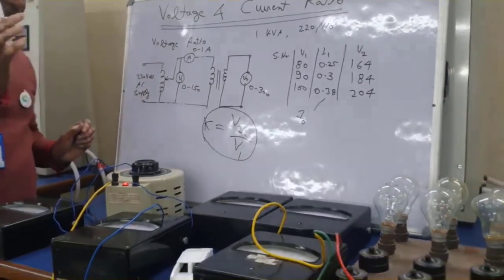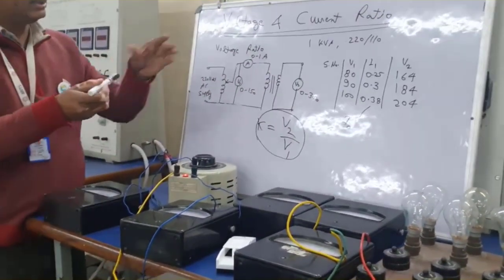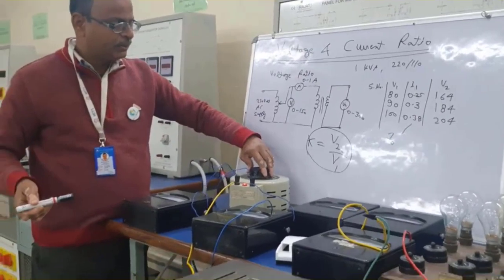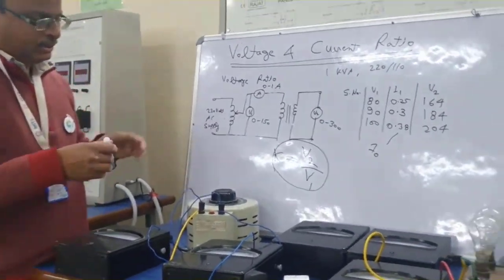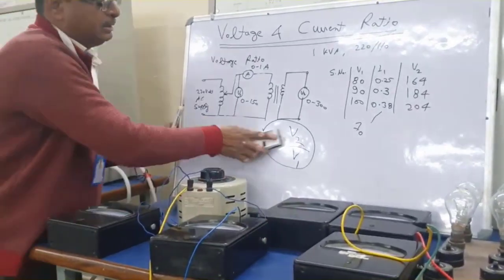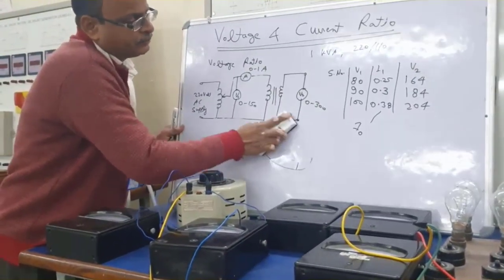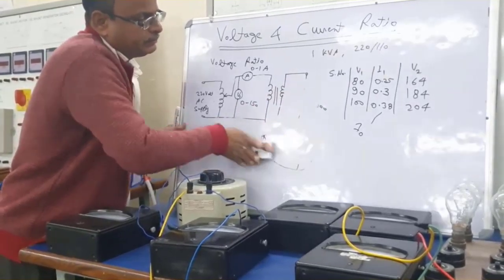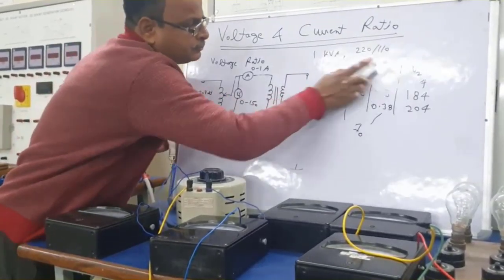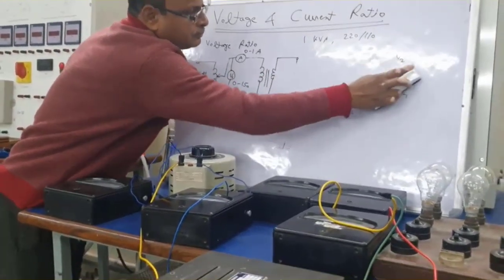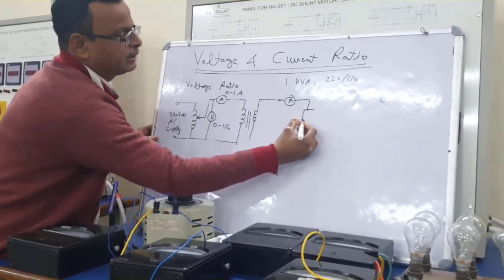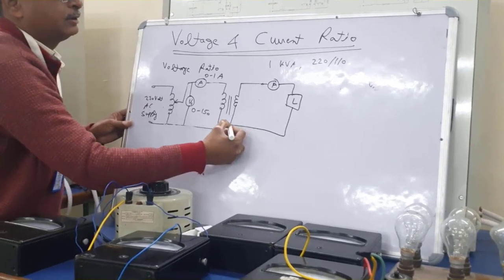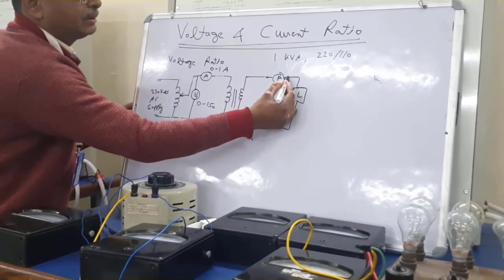And now the second part is the current ratio. First of all, we reduce the voltage slowly and switch off. And on this setup, just connect a load here: an ammeter on the secondary side, a lamp load, and a voltmeter in parallel.